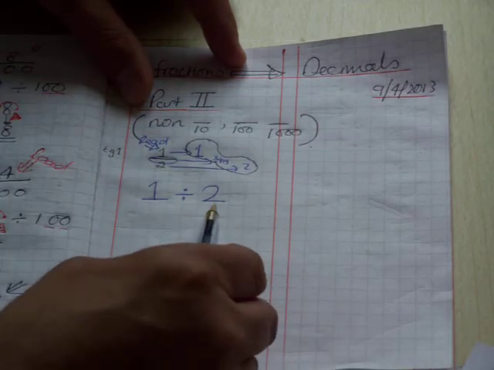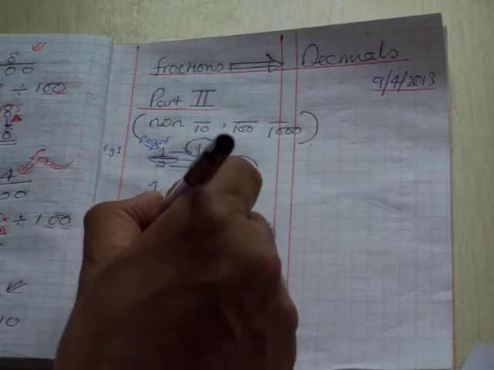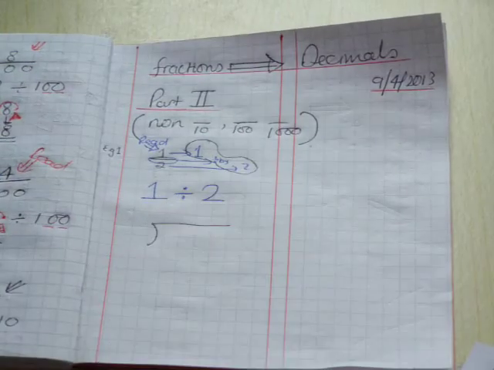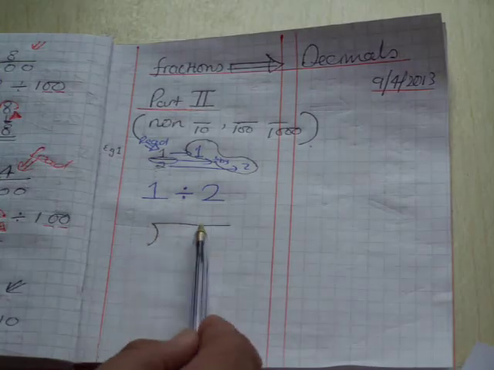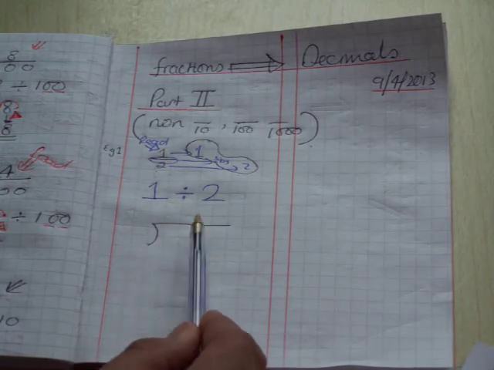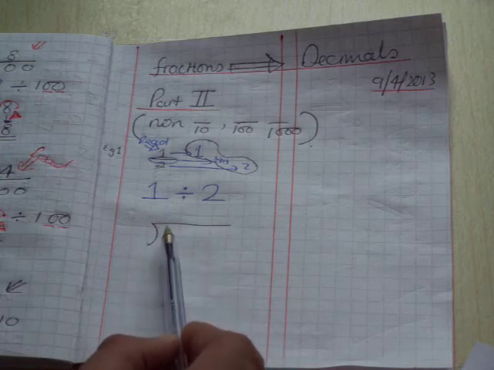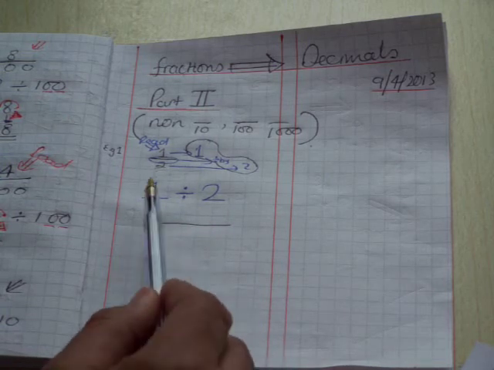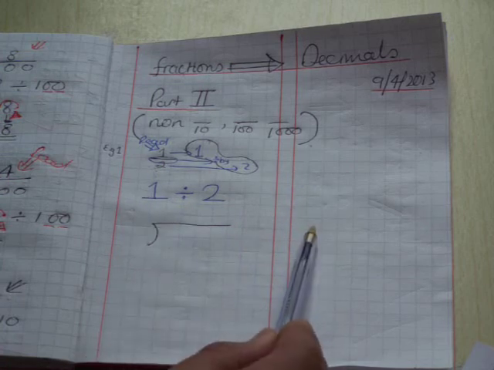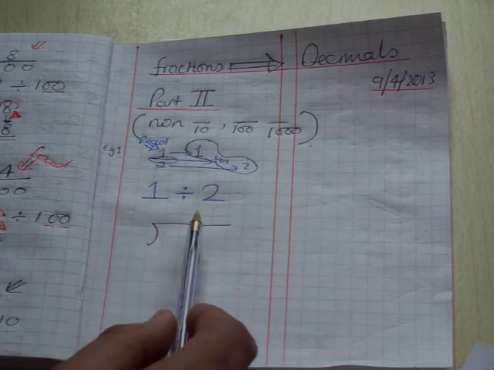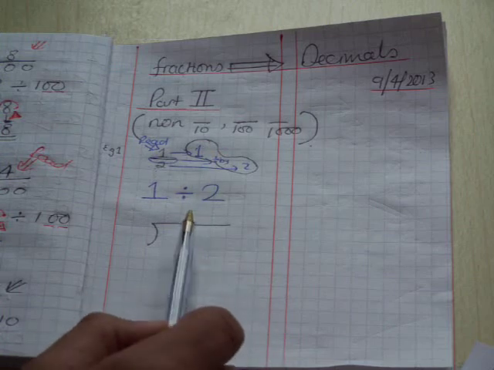Now, if you're going to work out this calculation using what they call in school the bus stop method, at the moment I'm writing my numbers quite big. This is for the benefit of those of you learning by video, so you can see the numbers more clearly. When you do your work in your books, please try to keep your numbers inside one box. For the purpose of my demonstration, I'm going to write mine enlarged a bit so it'll come out easy on the video.